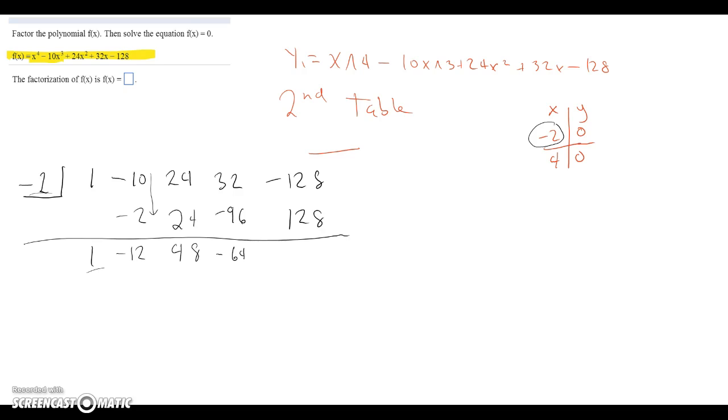Whenever you do this, if you don't get a remainder of 0, we know we've done something wrong. Those go away and our remainder is 0.